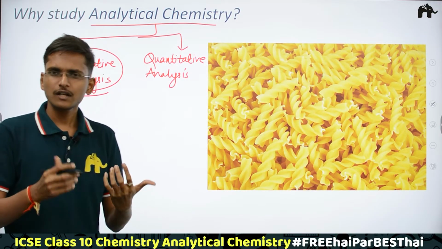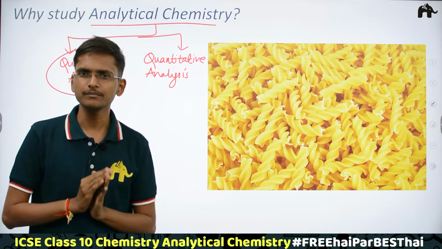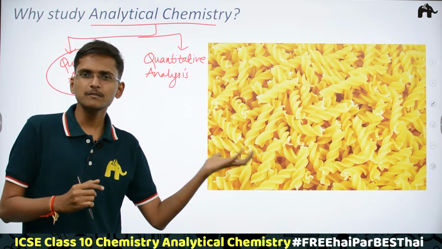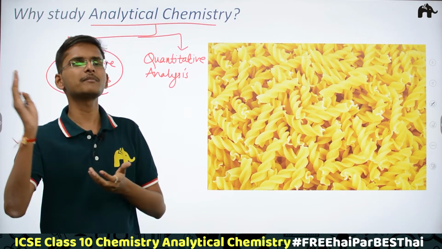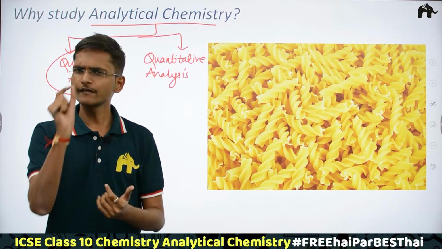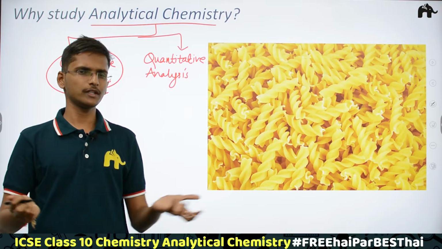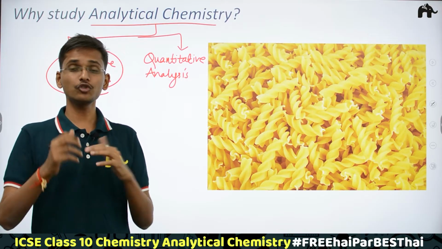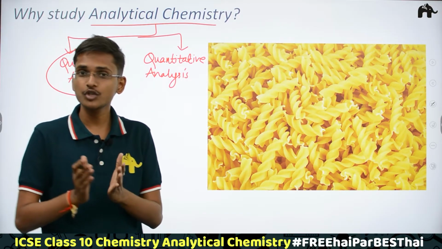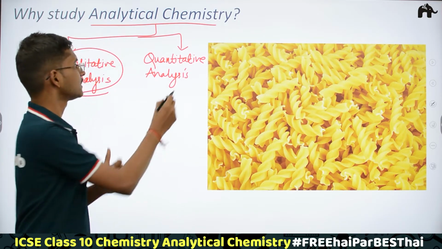But then I should be sure of one thing, that the lead which is present in this pasta should not be above the permissible limit. It should not be so high that it would harm me. If it is very less, in minute quantities, then that's fine with this pasta. So what I need to find out, the second question, is how much lead is present, the quantity of lead, right?